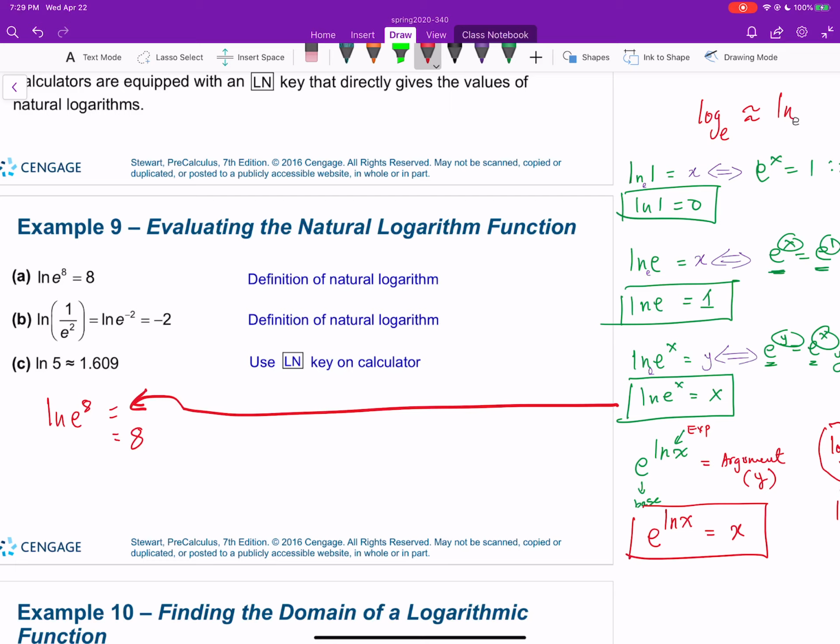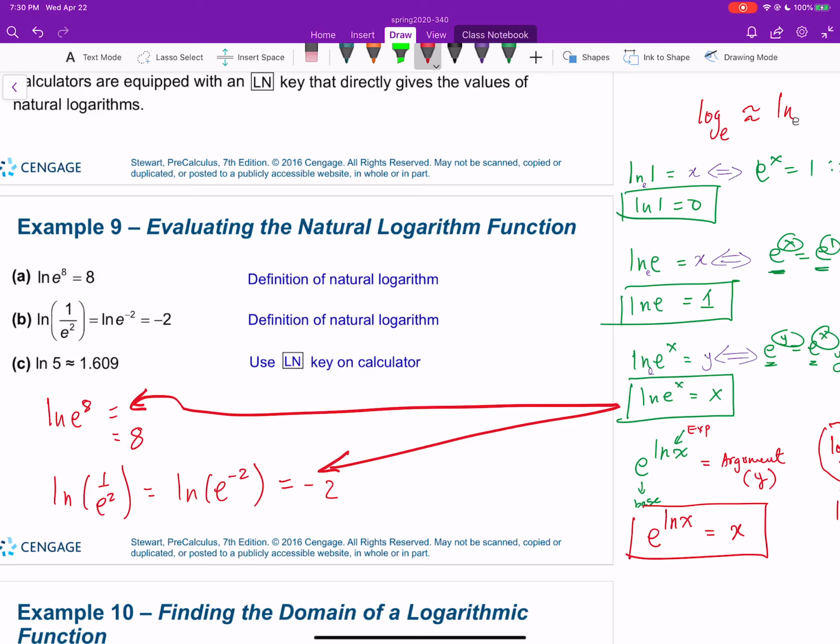Well, if we look at ln of 1 over e squared, we can rewrite this to give us ln e to the negative 2. And so we are asking ourselves which of these rules is applicable here. Again, it is this rule right here, where I've got ln e to the power negative 2, and the outcome should be negative 2.